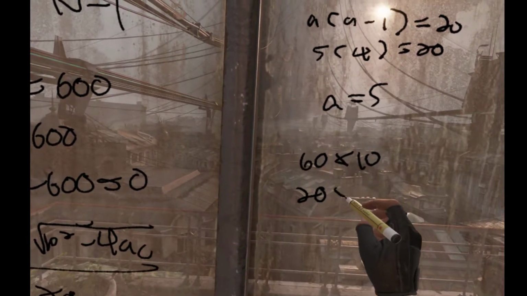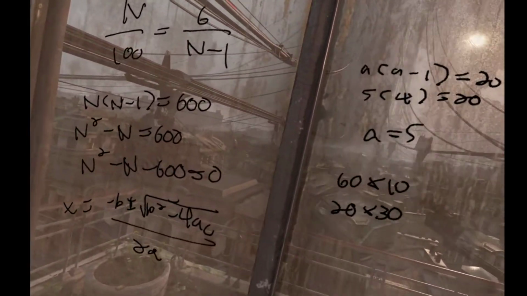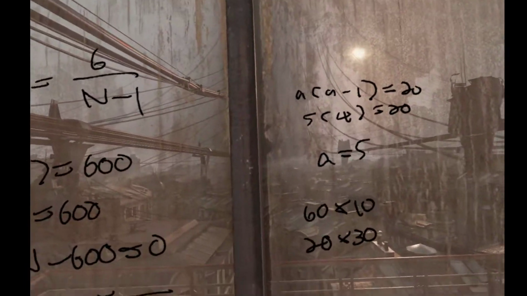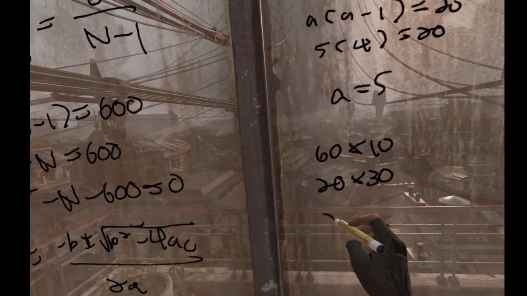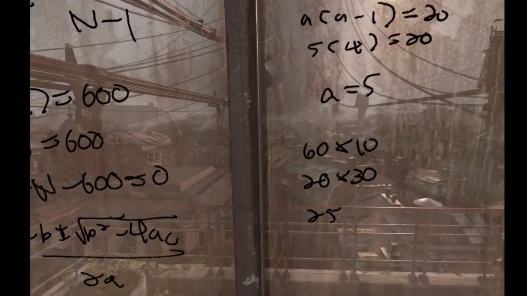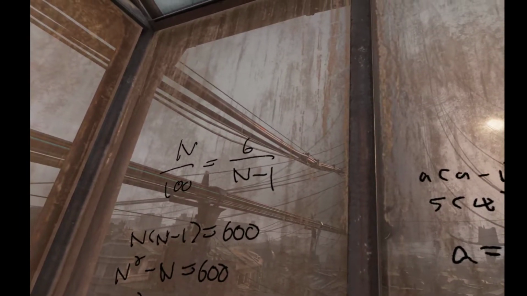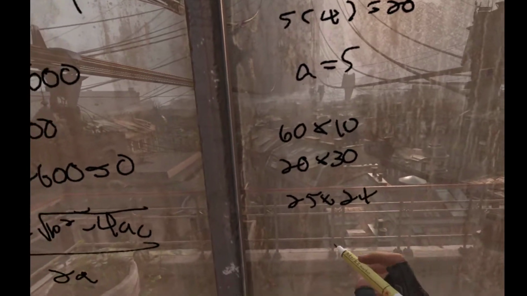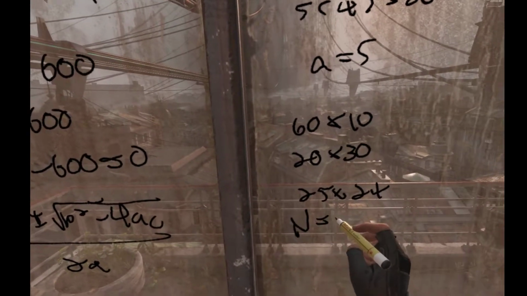That's an easy one, but still too far apart, though we're getting close because the gaps went from 50 to 10. Another common one I can think of is 25 times 24. And there you go. We have our two sequential numbers that equal 600, and n equals 25.